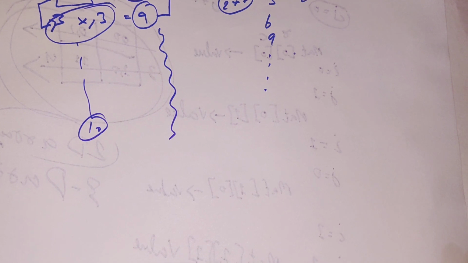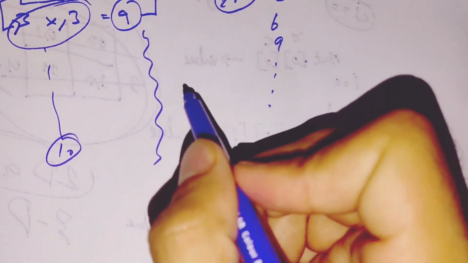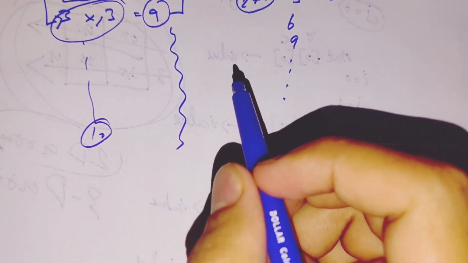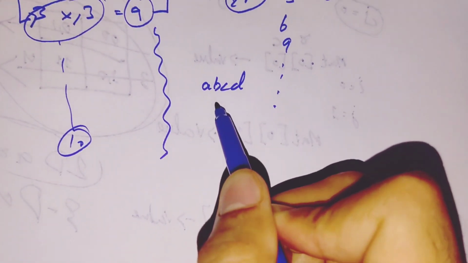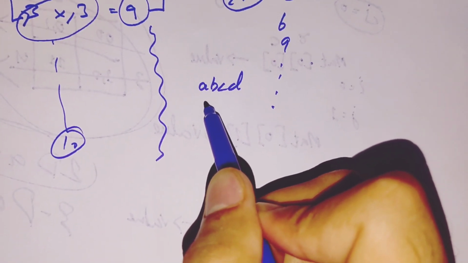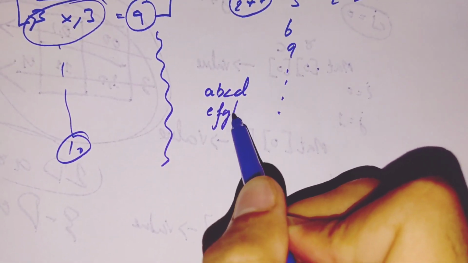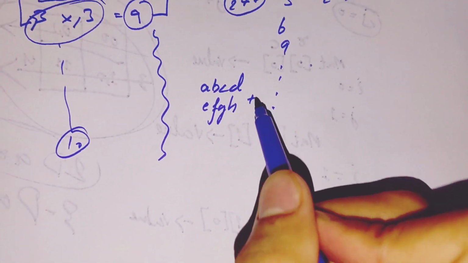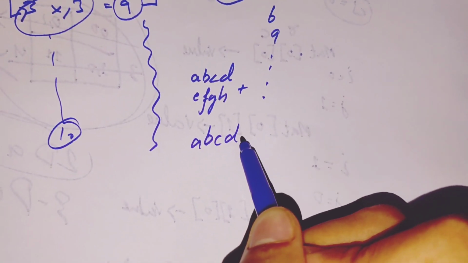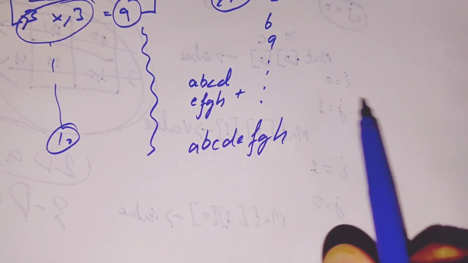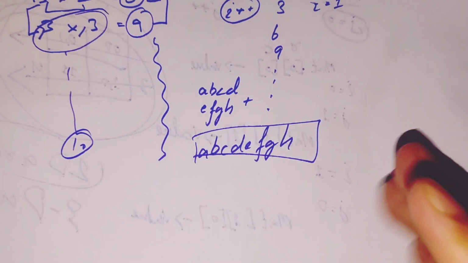What does concatenating mean? For example, if I enter a word A, B, C, D, and another word E, F, G, H, then when these two are added together, concatenated, we get A, B, C, D, E, F, G, H. So this is the whole program that we have to make.